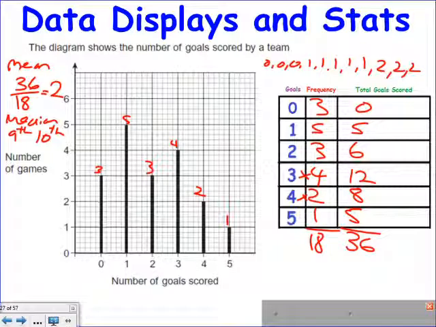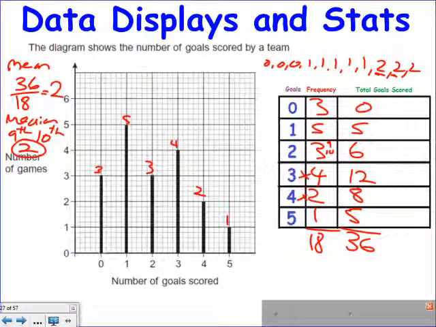So the 9th and the 10th live in here, because 3 and 5 is 8, so 9 and 10 live in there. So what is the value of my 9th and 10th game? What's the median of them? 2. Yeah? So the median is 2.